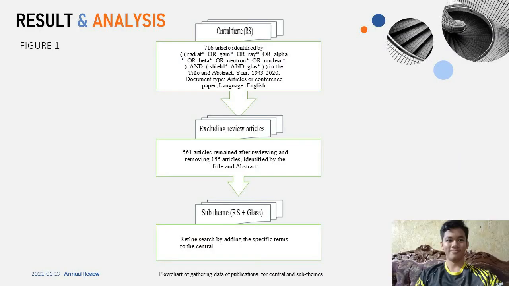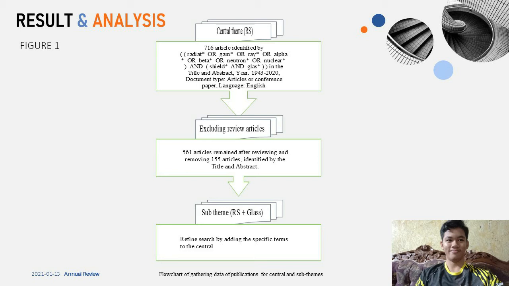Next, we move on to our next part, which is Figure 1 from Result and Analysis. Figure 1 shows the flow of the first step from methodology. Firstly, the central theme, which means that we provide the search string based on the topic of our research. A total of 716 articles were identified by using Scopus.